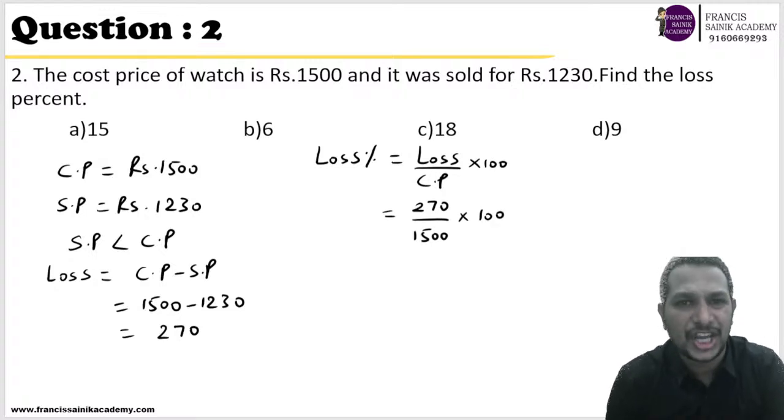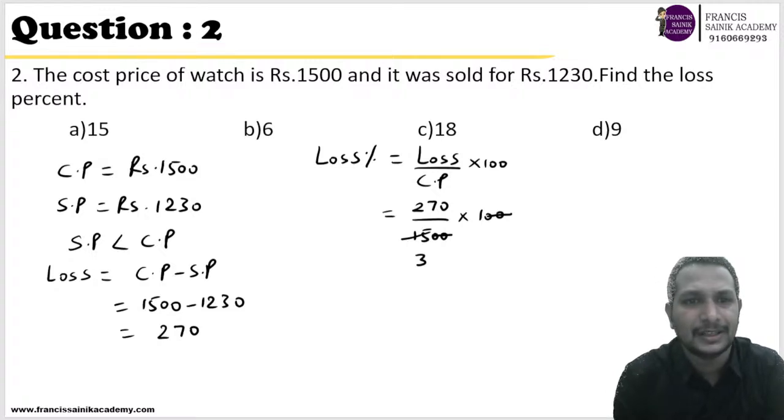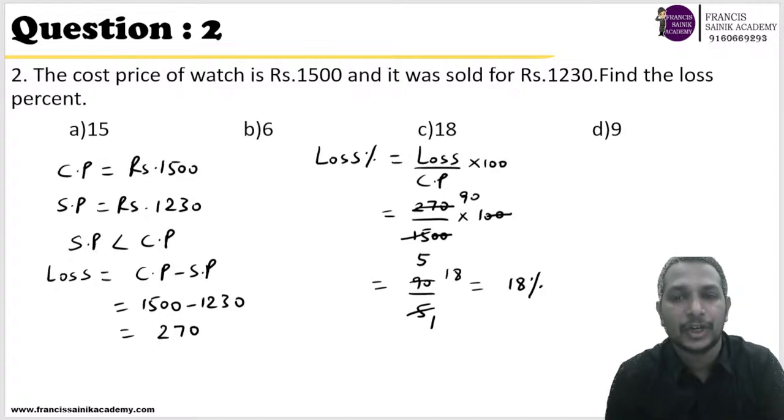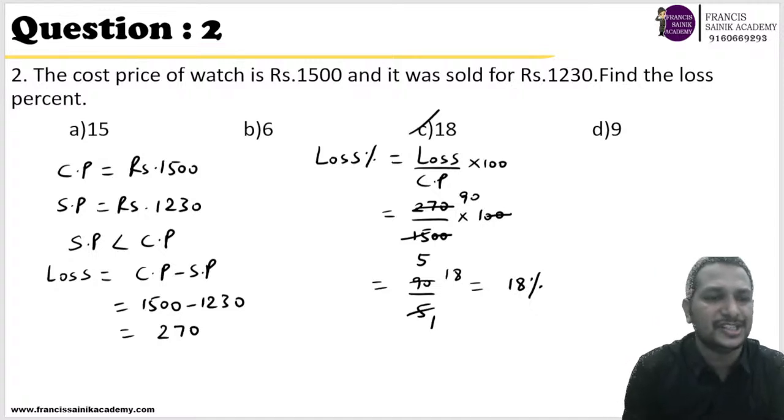Cancel two zeros, and cancel with the 5 table: 5 threes are 15, or you can go with the 3 table. 3 fives are 15 and 3 thirties are 90. We got 90 by 5, but we can still cancel with the 5 table: 5 ones are 5, 5 eighteens are 90. So the answer is 18%. The loss percentage is 18%, which is option C.